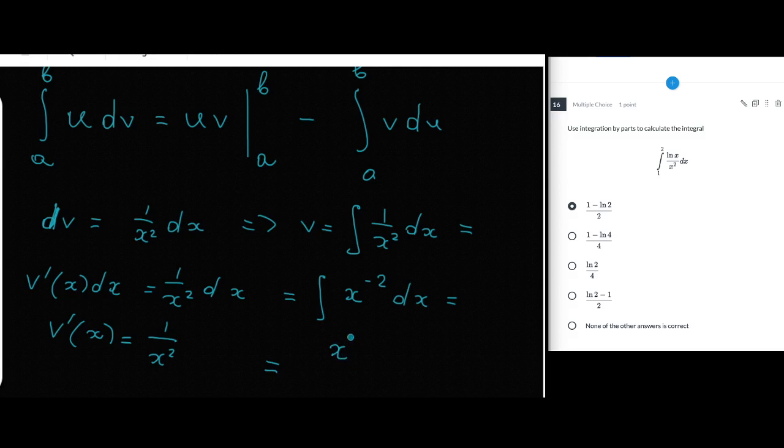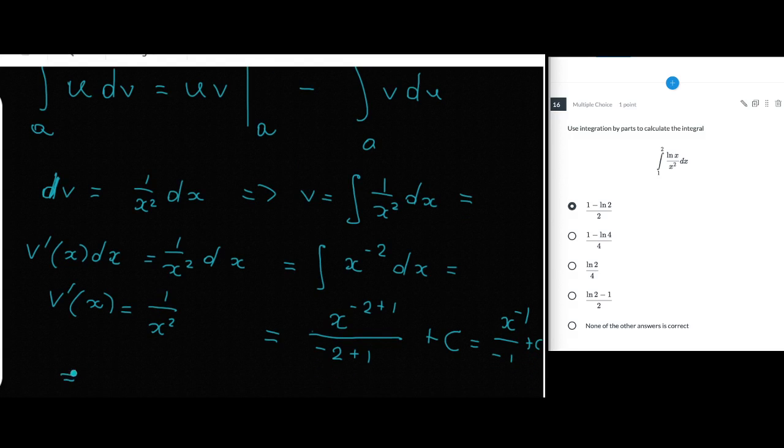So currently the exponent of the function that we're integrating is negative 2. We're going to increase that by 1. So x to the power negative 2 plus 1. And then we would need to divide by that new exponent. And then we would need to add a constant of integration. Now, x to the power negative 2 plus 1, that's x to the power negative 1 divided by negative 1 plus c.